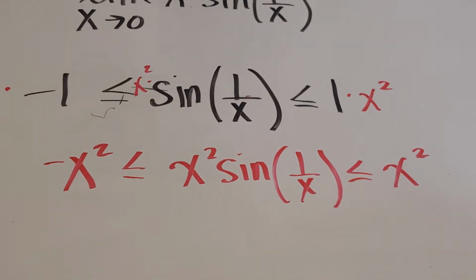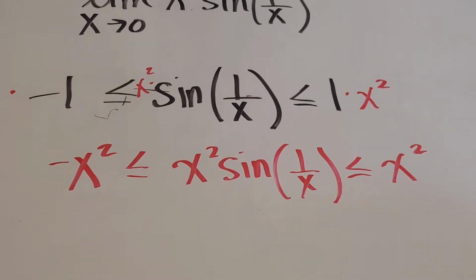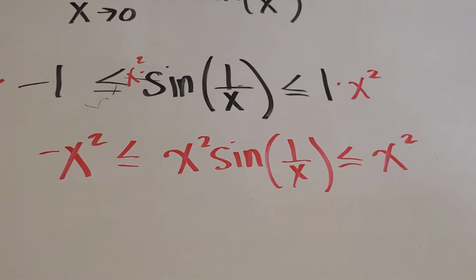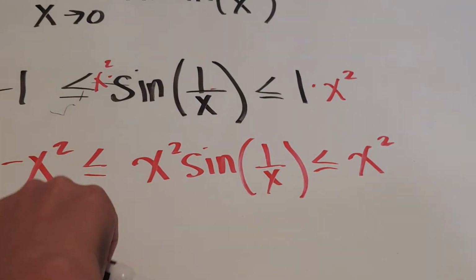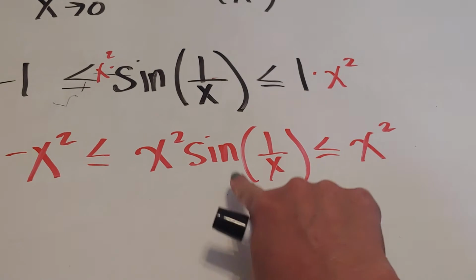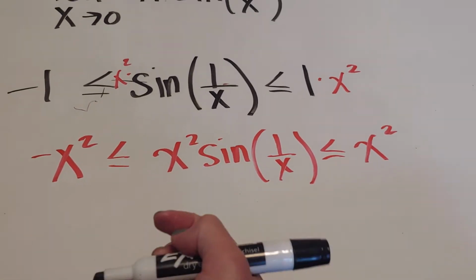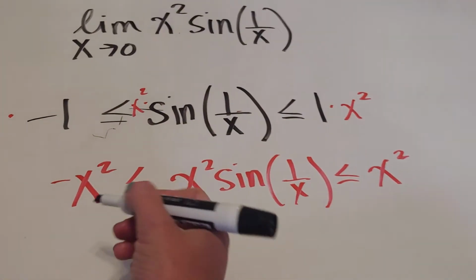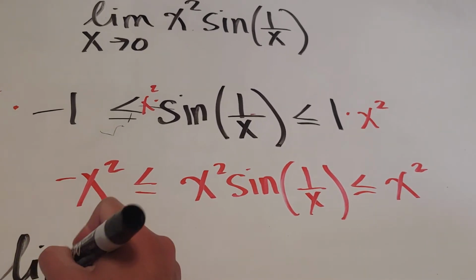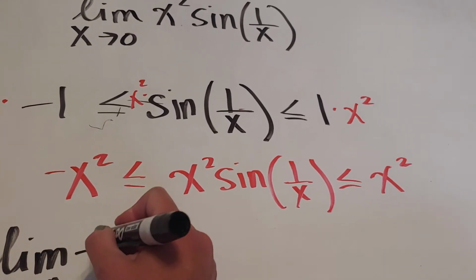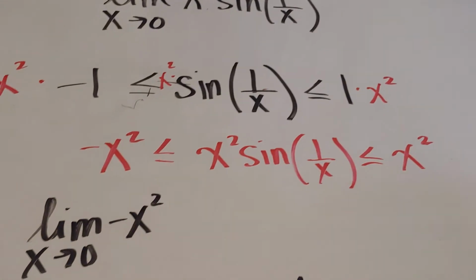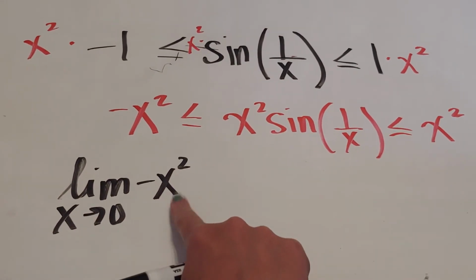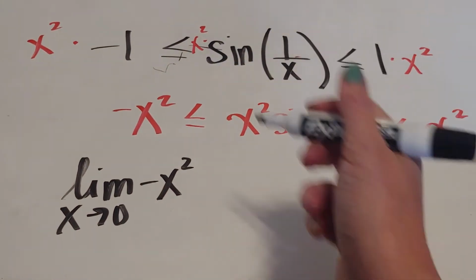Congratulations, I have now created my engine and caboose. Now I need to see if the engine and the caboose are going to the same spot, therefore the middle's going to that spot. So I want to know the limit as x approaches 0. What is the limit as x approaches 0 of this outside edge of negative x squared? Well, what happens when I plug in 0? 0 squared is 0, times the negative is still 0.